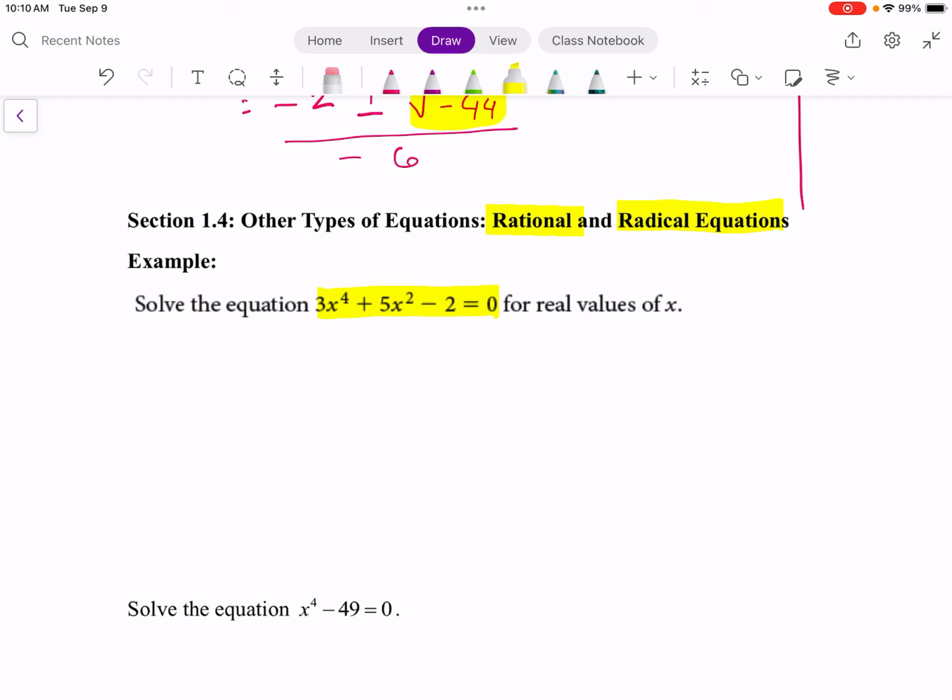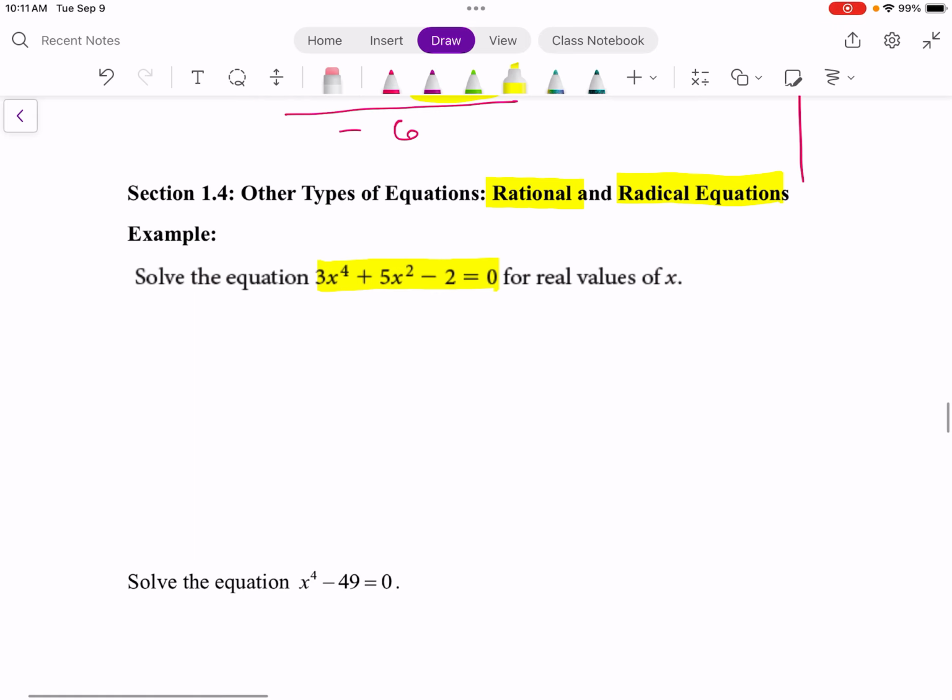So every time you see an equation with degree 4, we rewrite it in quadratic form. So this is 3. Now can we rewrite x to the power 4 as the square of x squared?